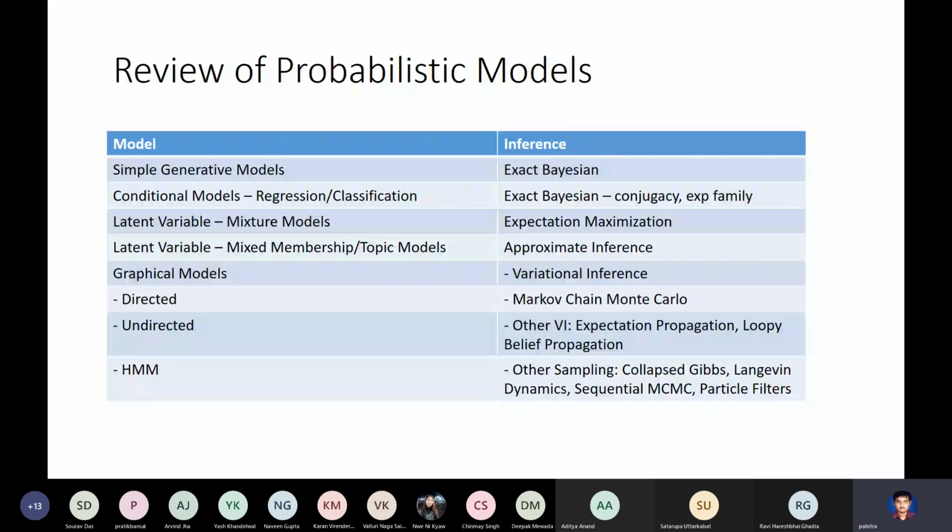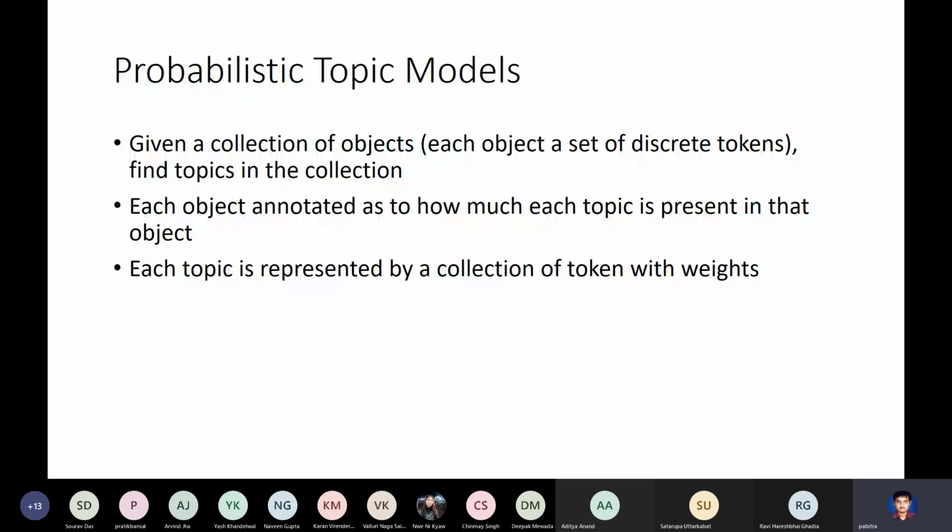Think of each object as a document, an article, say a news article or a research article. You are given a collection of objects which we call a corpus, and each object consists of a set of discrete tokens. If the objects are documents, then the tokens are the words.